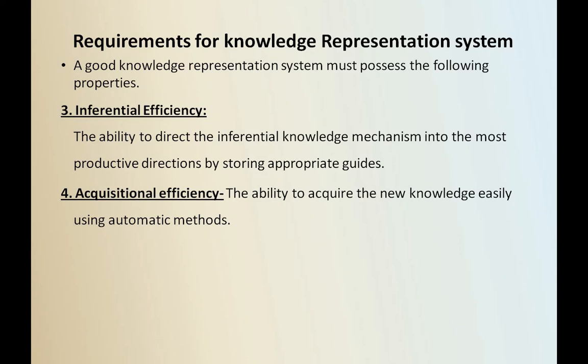It is the ability to direct the inferential knowledge mechanism into the most productive directions by storing appropriate guides. Whatever new knowledge it has produced from the existing knowledge should provide new directions and be helpful for further representational work. That is the inferential efficiency.